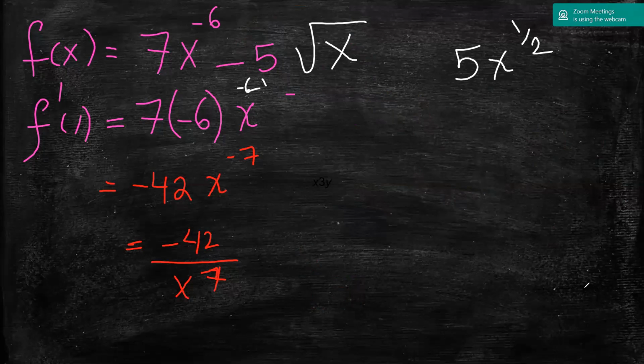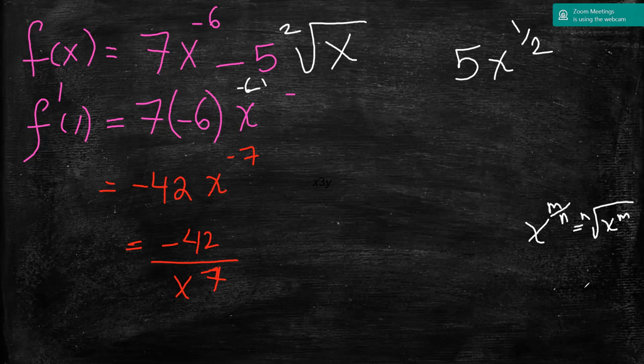I told you before, if you have x raised to the power m over n, it can be written as the nth root of x to the power m. So here, I can write it as x raised to the power half.